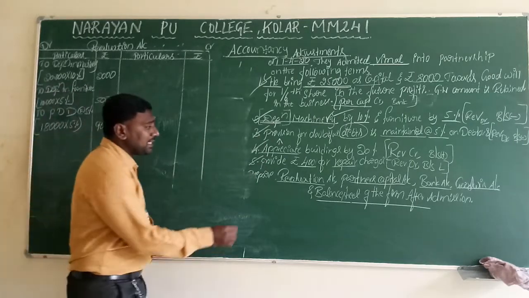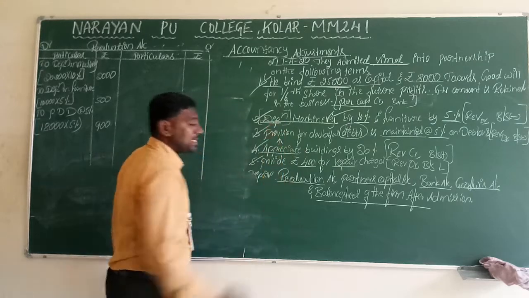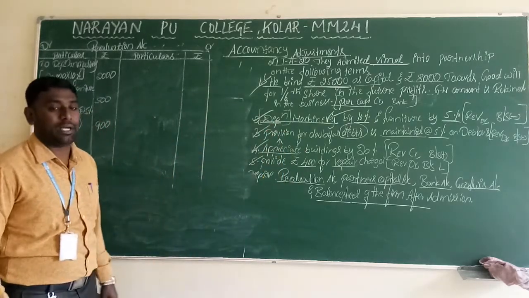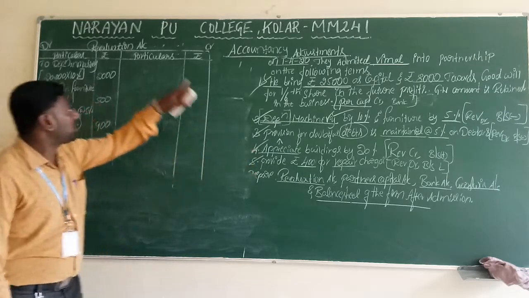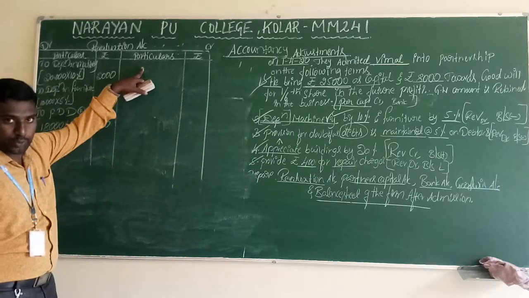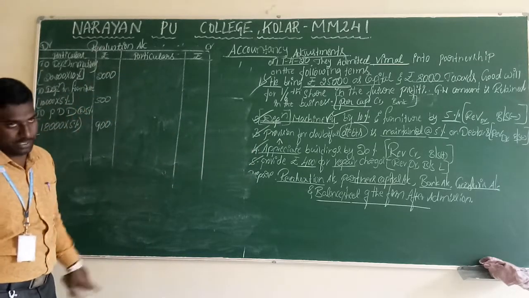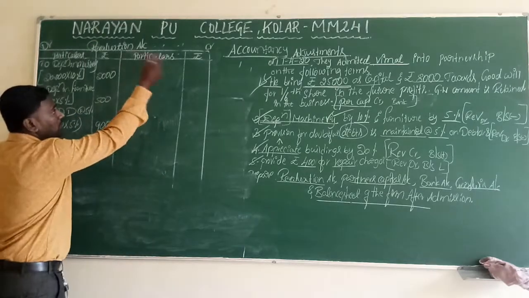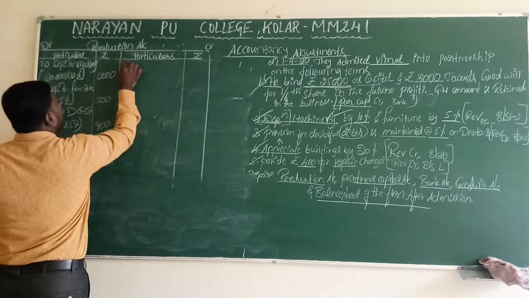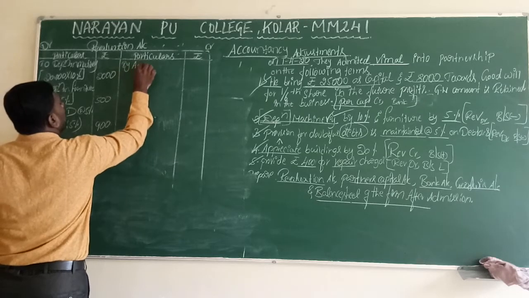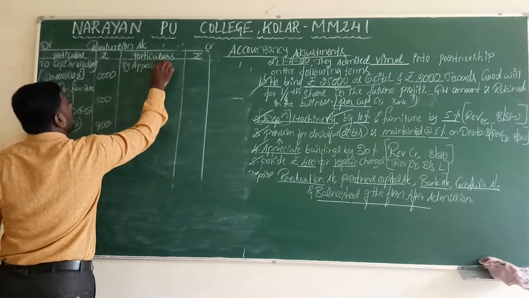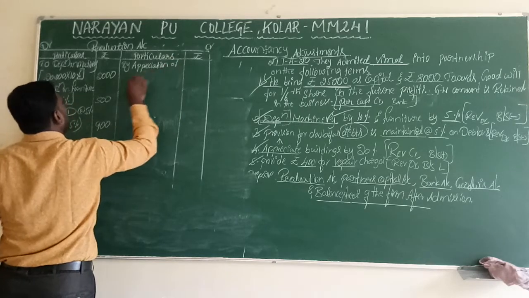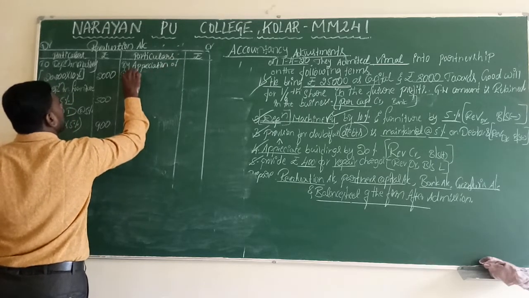Number 4 says appreciate buildings. Appreciation is nothing but income. Whenever there is income to the company, it always comes to the revaluation account only, because it deals with income and expenses. So incomes come to the credit side: by appreciation of buildings.